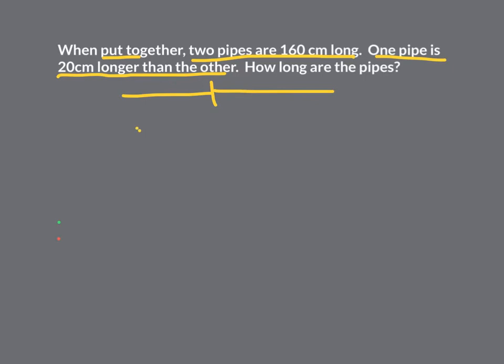When they're put together, the total there is 160 centimeters, right? And we know that one pipe is 20 centimeters longer than the other. So here's a pipe, and the other one's 20 centimeters longer. So x plus 20.